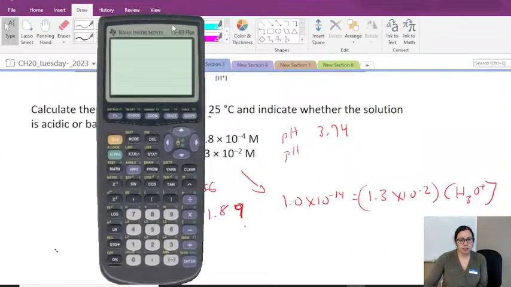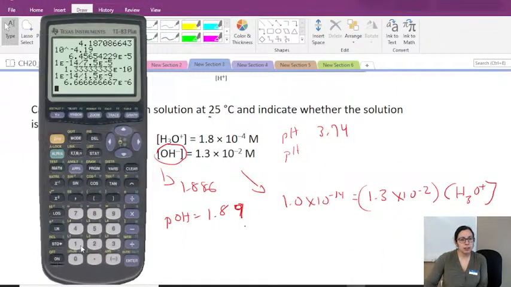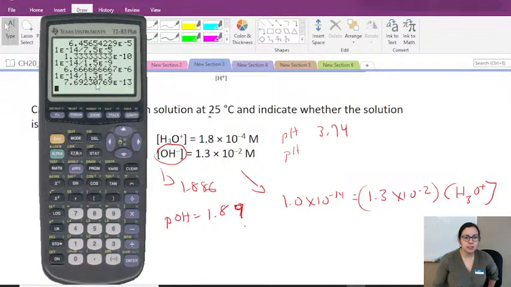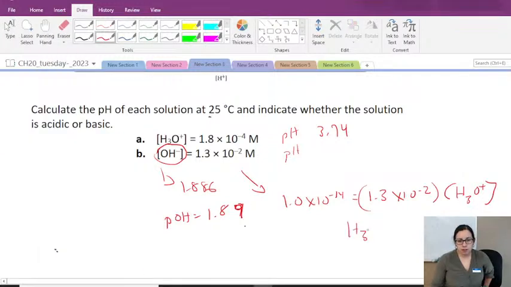So this is kind of like the long way. Then that gives us like 7.69 times 10 to the negative 13 for our hydronium concentration.